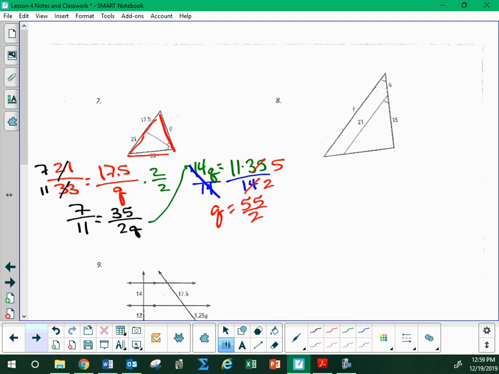Instead of multiplying 11 times 35 and then dividing by 14, I'm looking at my factors. I have 11 and 35 on top and 14 on the bottom. 7 goes into both 35 and 14, so 35 over 14 reduces to 5 halves. Then it's smaller numbers, easier to work with.